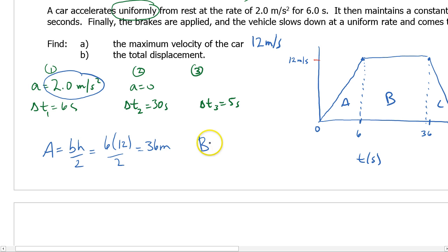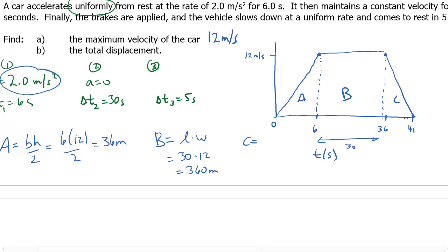B is a simple rectangle. Now be careful, it's not 36, but rather this distance here is 30, right? 30 times 12, I'll say length times width. 30 times 12 would be 360 meters. And then during C, it's again going to be a triangle, base times height over 2.